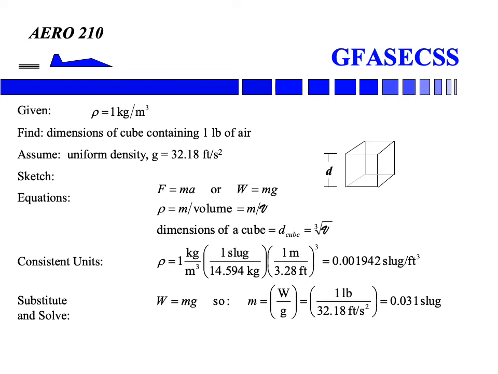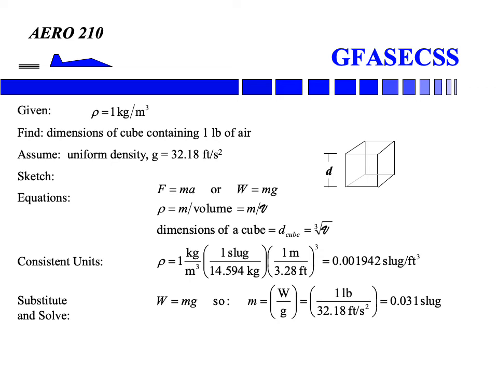And then we know from geometry that the dimension of a cube is equal to the cube root of the volume. So first we convert to consistent units. That's the C in GAFASICS. And we did that before. We'll make that conversion again and get our answer in English engineering units. And then we substitute and solve to find out what the mass of a pound of air is.